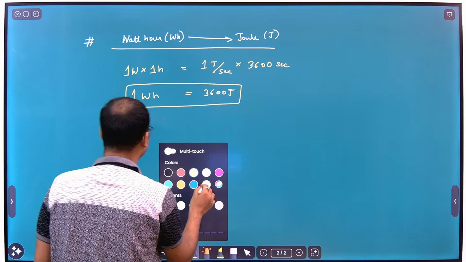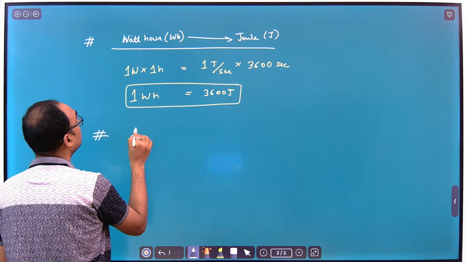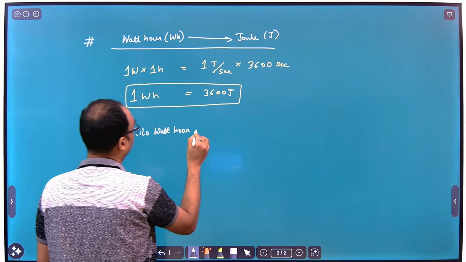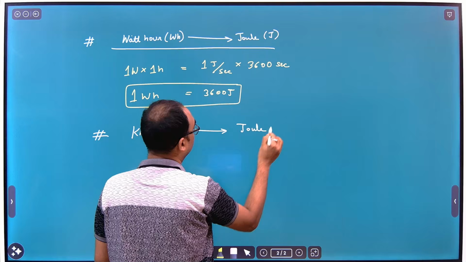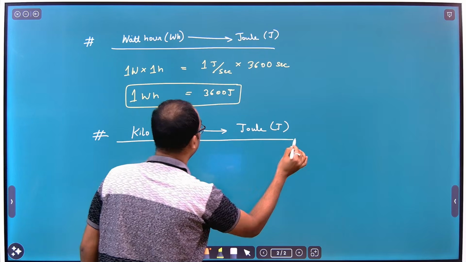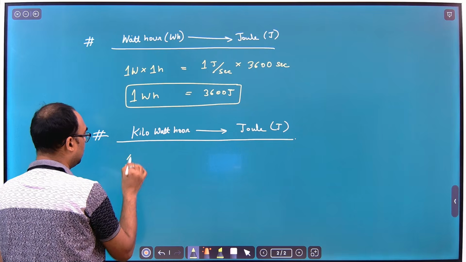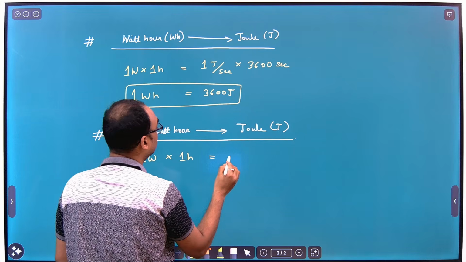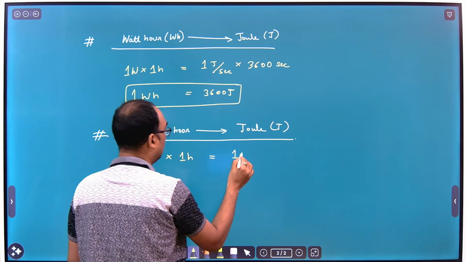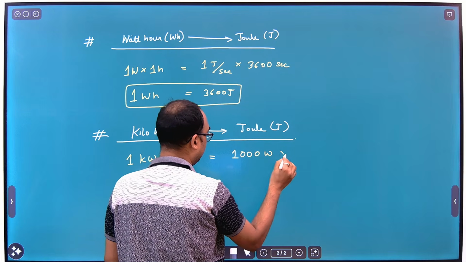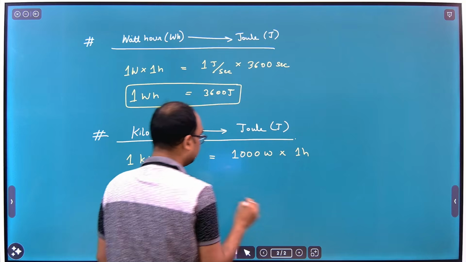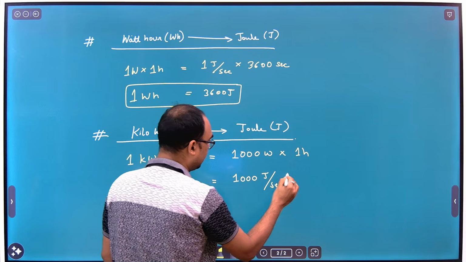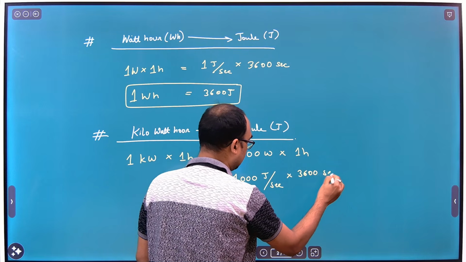Number 2, kilowatt hour to joule. One kilowatt into 1 hour is 1000 watt into 1 hour, which is equal to 1000 joule per second into 3600 seconds.